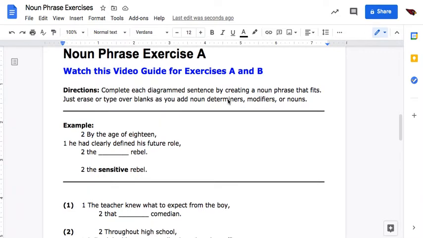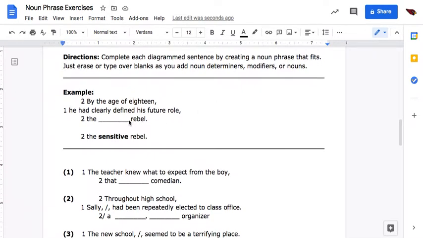In this first example, essentially, this text right here is supposed to go up here in this blank. So what you would do is read it: By the age of 18, he had clearly defined his future role, the blank rebel.